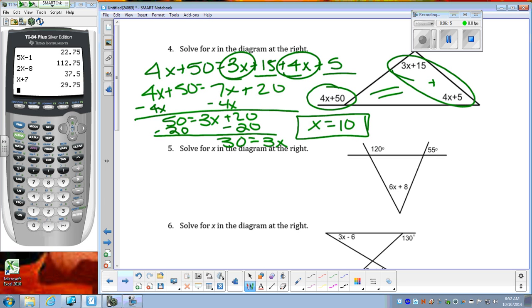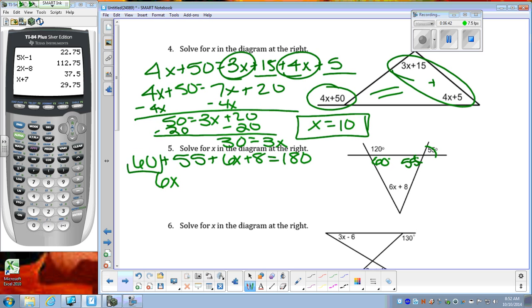All right, number 5, I can use some exterior angles. I know that this piece here has to be 60 because it makes a line with 120 degrees. And this angle over here has to be 55 because it's vertical. So then I know that the 60-degree angle, the 55-degree angle, and the 6x plus 8 make up my triangle, so they have to equal 180.